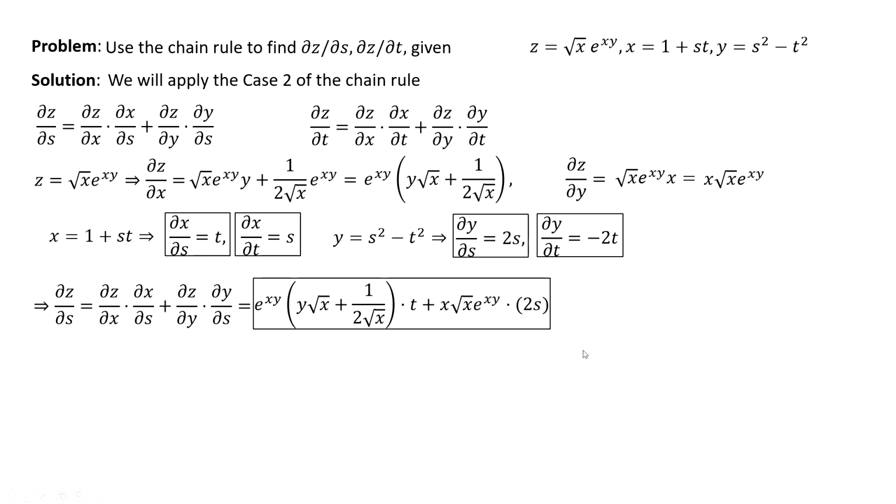I wonder. Right now we have partial z with respect to s in terms of x, y, s, and t. All four variables are showing up, right? Well, it is possible to replace the x with 1 plus st and the y with s squared minus t squared.